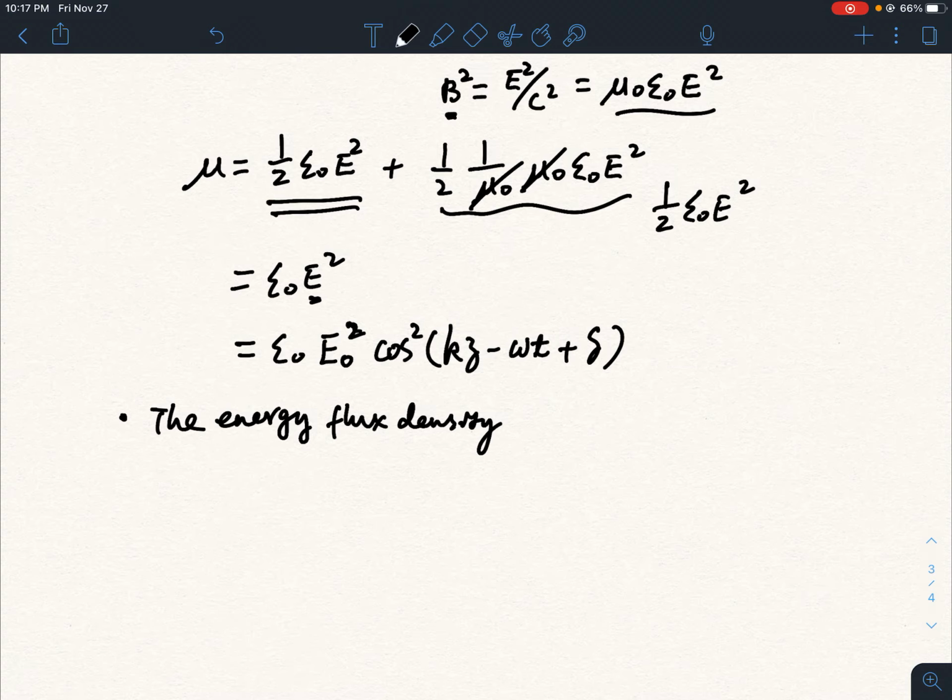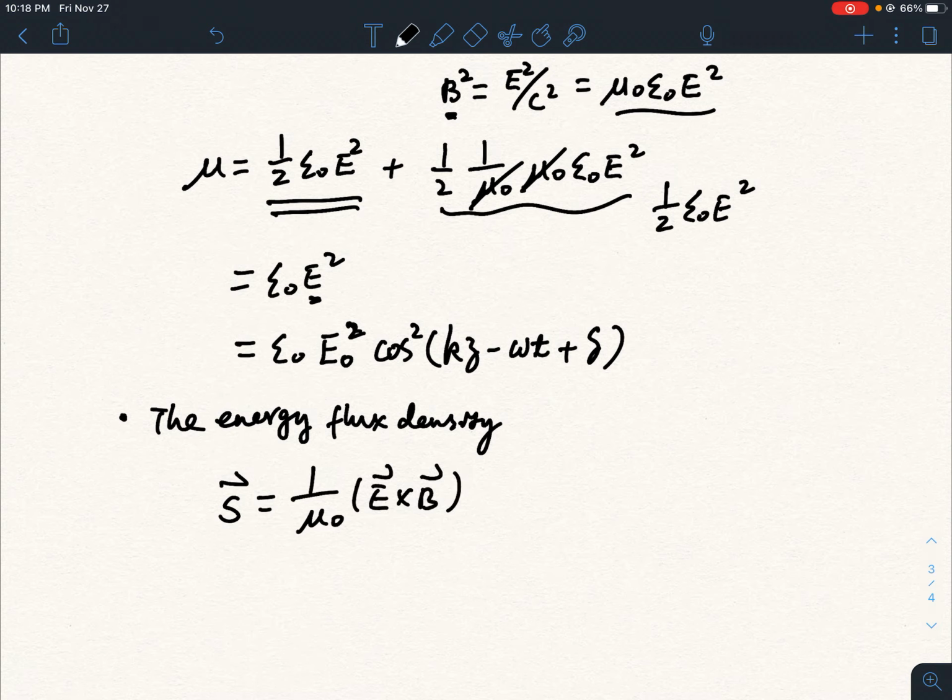We talked about electromagnetic waves propagating in the field, and when we talk about the work-energy theorem for electromagnetic waves, we really talk about the Poynting vector, which we defined as S equals 1 over mu 0 E cross B.